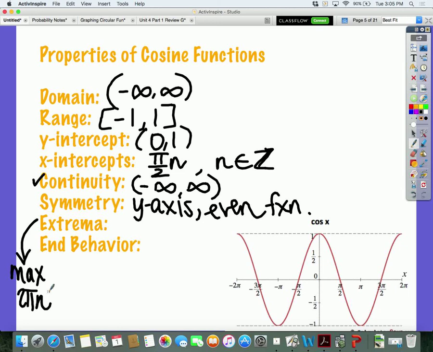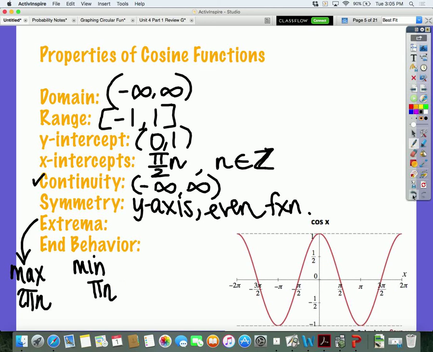Trevor? Pi n? Close. Not quite. We do have a min at pi. But if I were to plug in 2 for n, I would have 2 pi, which actually would be a maximum.